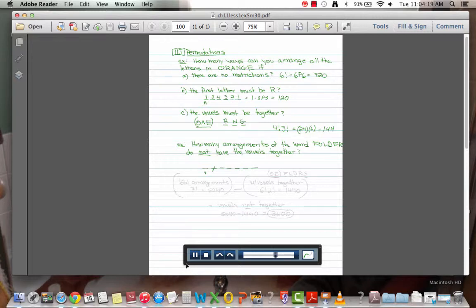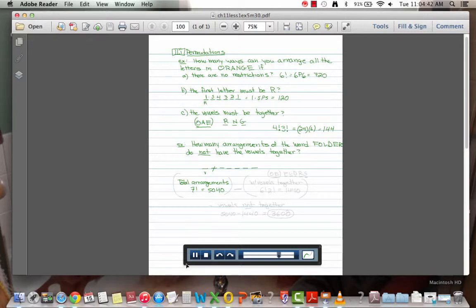A much simpler way of doing this is to say the total arrangements of the word folders is just going to be 7 factorial, or 7P7, which is 5,040 arrangements. No repeated letters. So folders has 1, 2, 3, 4, 5, 6, 7 letters, and that's it.